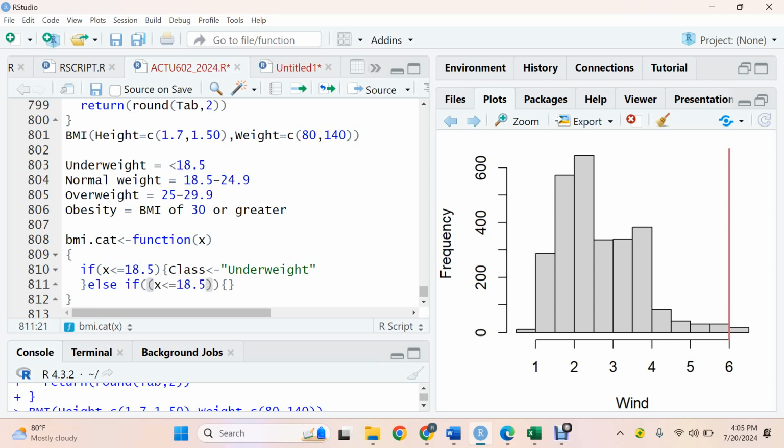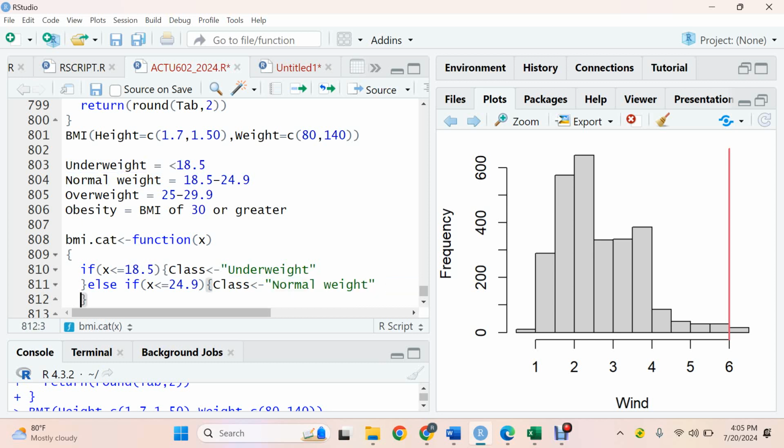So else if you are less than 24, what do we say? It shouldn't be 2 like this. So the class will be normal weight. So we copy this and paste it in there.